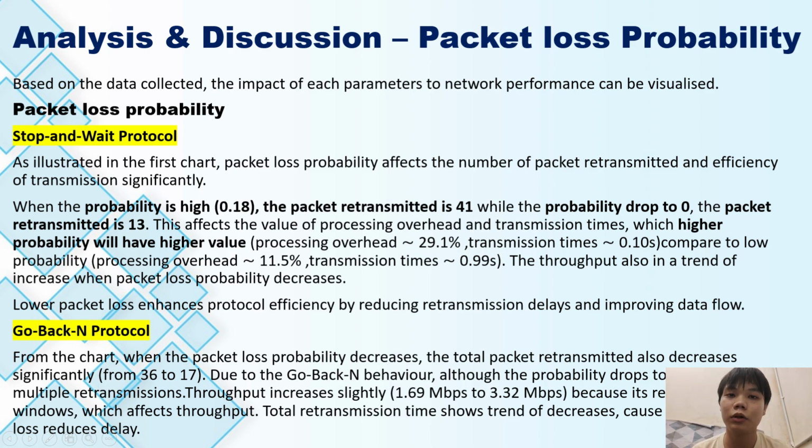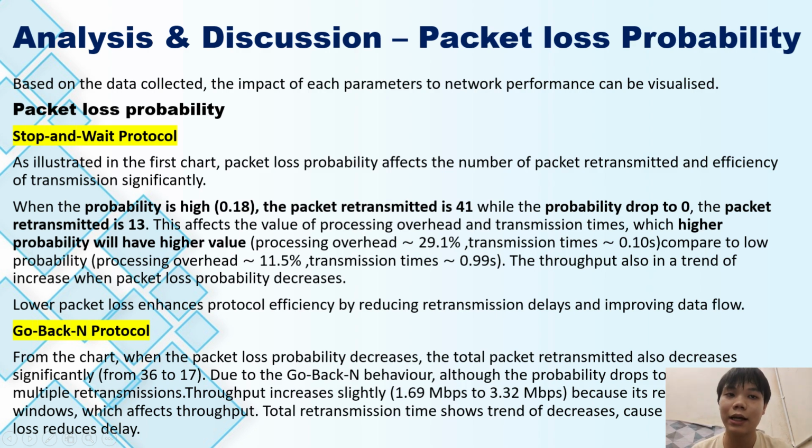For the go-back-N protocol, from the chart, when the packet loss probability decreases, the total packets retransmitted also decrease significantly, from 36 to 17. Due to the go-back-N behavior, although the probability drops to 0, it still causes multiple retransmissions.